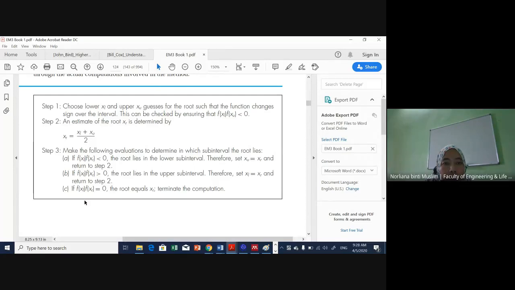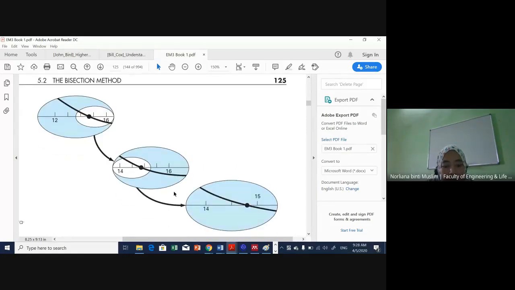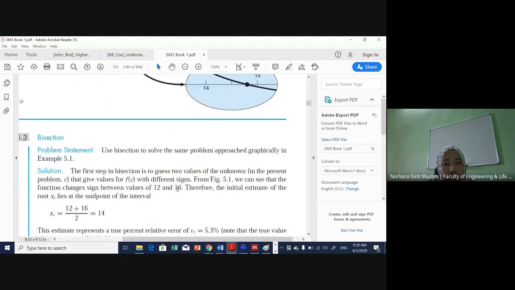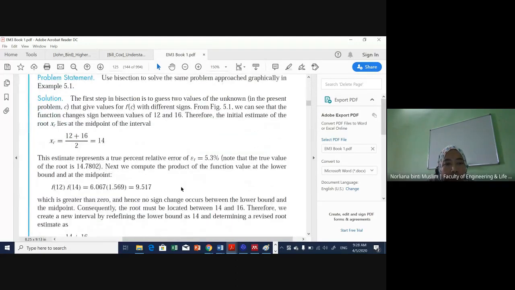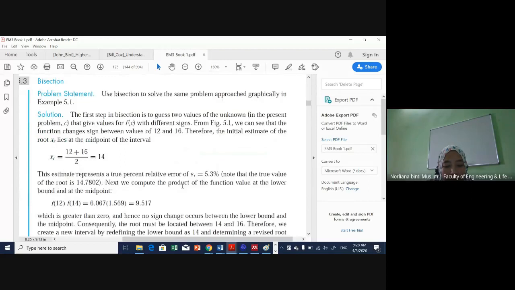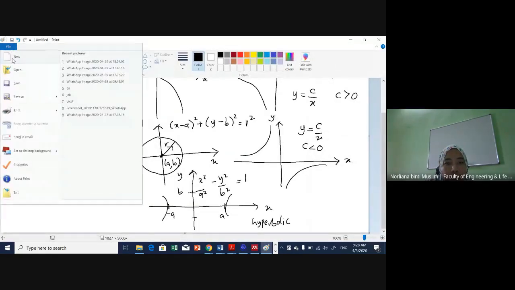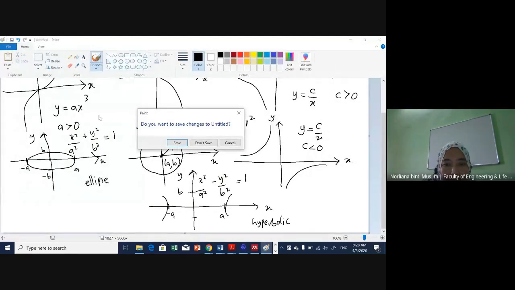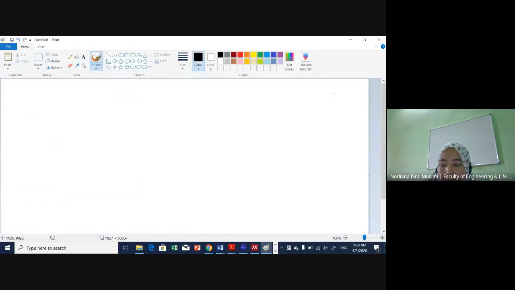Okay, but I will make the steps very simple for you, so that it's easy for you to follow up in the methods. Okay, so I will directly go to the example for this bisection.